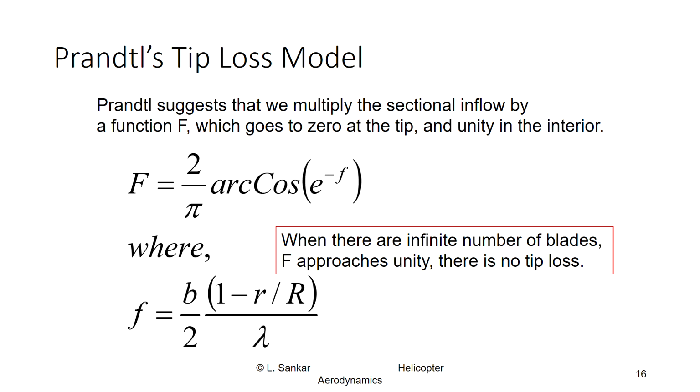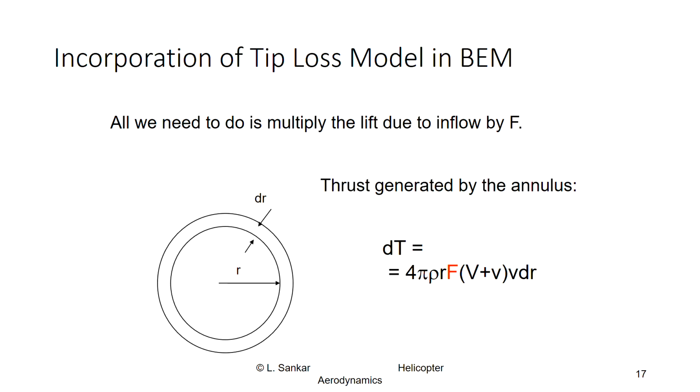It's a smooth function. Prandtl developed this model for tip losses on fixed wings, and it's also been used for propellers by Glauert. So this is what we would use in our case. How do we build it into our combined blade element momentum theory? Very easy.